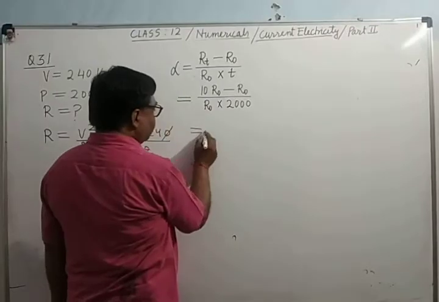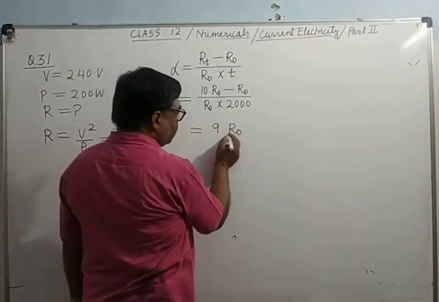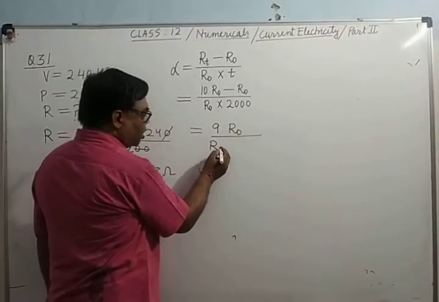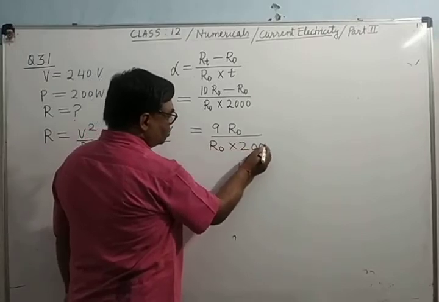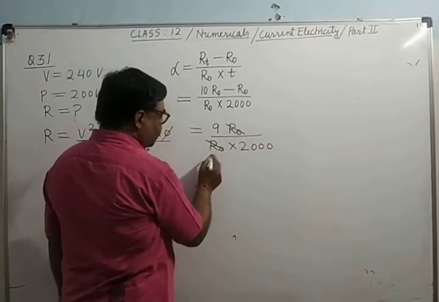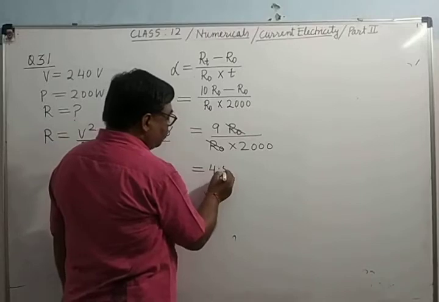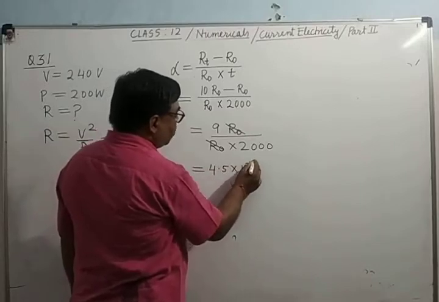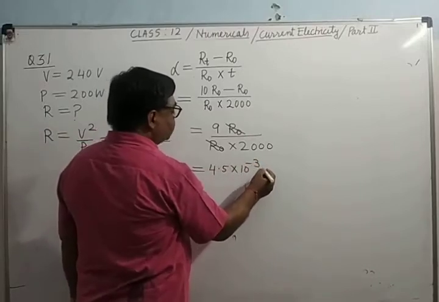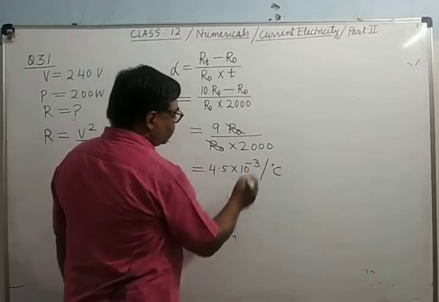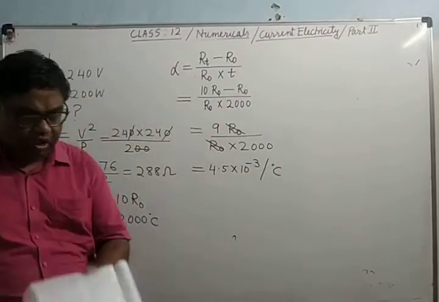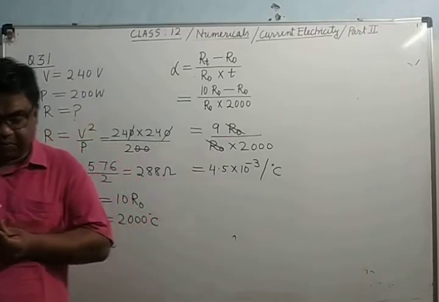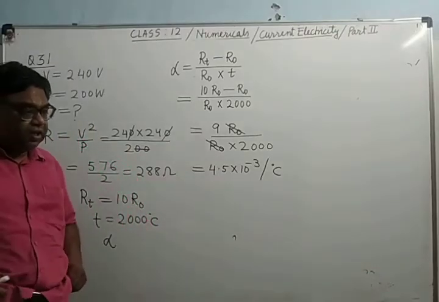So in numerator it will be 9 R naught upon R naught into 2000. So this and this will be cancelled. So it is 4.5 into 10 to the power minus 3 per degree Celsius. This is the unit of temperature coefficient of resistance, that is alpha.